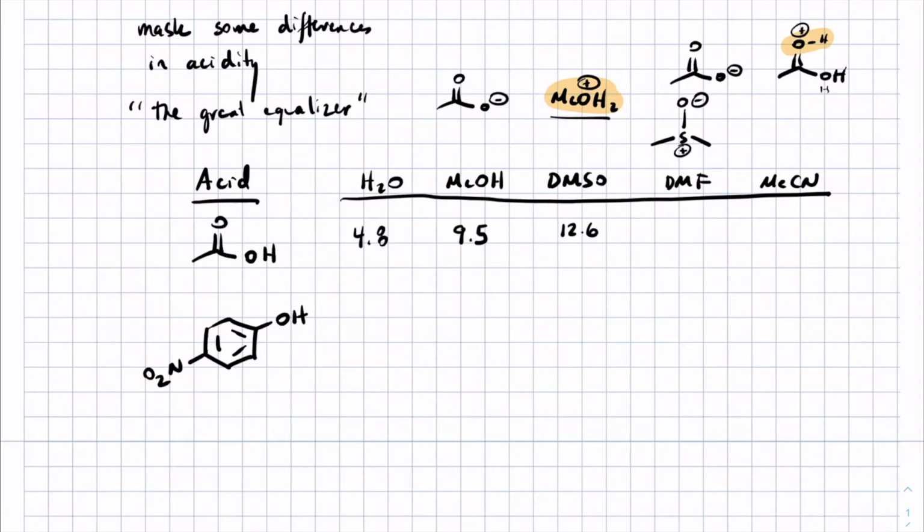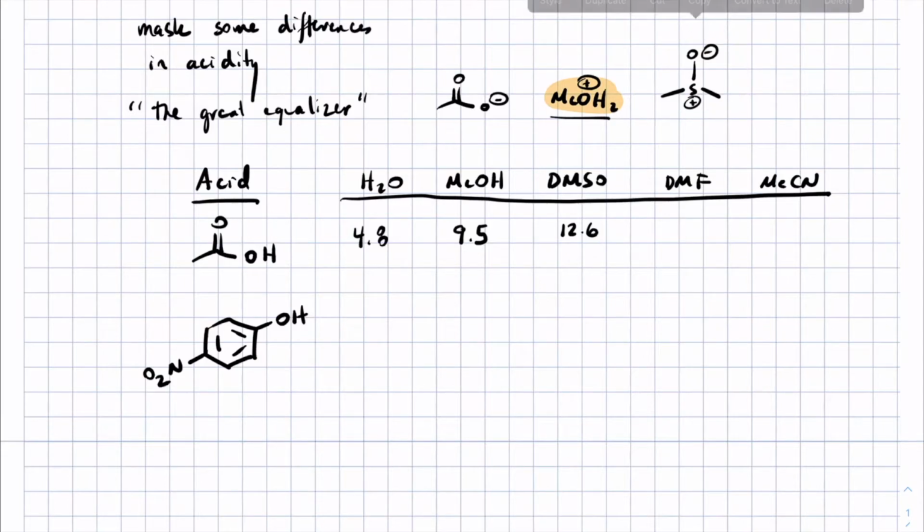I think the general idea we want to get is that the more nonpolar the solvent is, the less good it's going to be at stabilizing charged conjugate bases. So you'd expect the pKa to be even a little worse in DMF than DMSO, and that is indeed what you see.